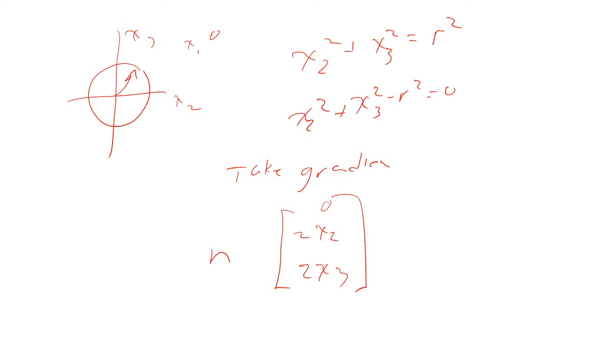That's the normal vector. If we're at a point on this cylinder, this curved surface, this will give us the normal vector at any point that's on the surface.